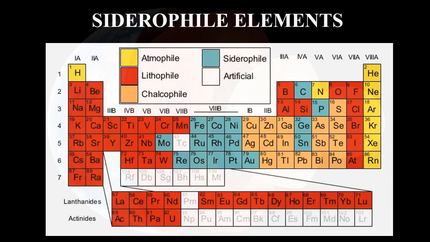Then we have siderophile elements. The siderophile elements are in fact the iron loving elements, and they are those that preferentially partition into the metallic core, typically in the form of alloys with iron.